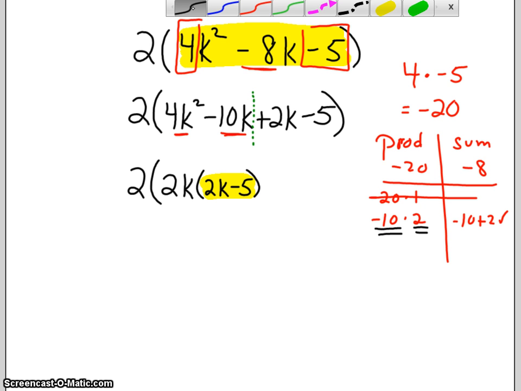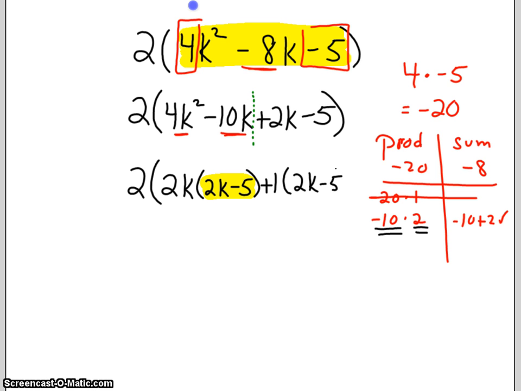Now we already have 2k minus 5, but you have to factor something out, so we're going to factor out a 1. 1 is a common factor of every number and every expression. And we're left with 2k minus 5. Now notice we did get the 2k minus 5, which now becomes the common factor, and you're left with 2k plus 1.